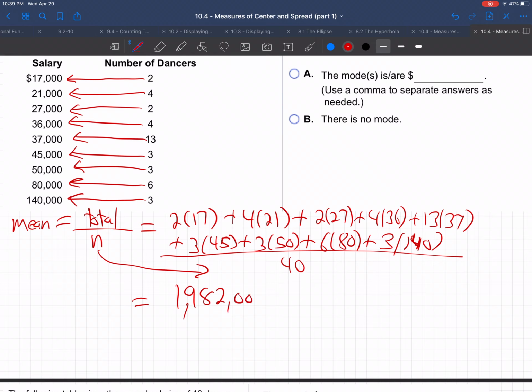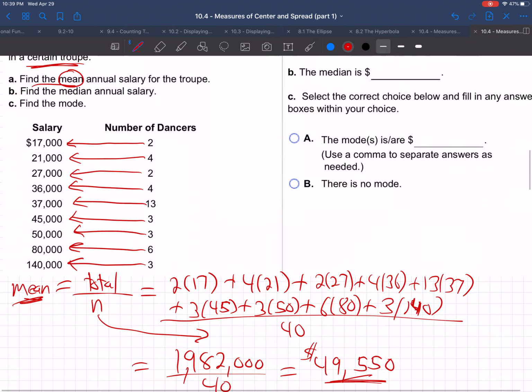Now, this is 1,000. I'll throw the zeros back on now. Divided by 40. I'm getting 49,550. That is the average salary, the mean salary, which is a kind of average, the average we're used to, the average salary among the dancers in that troupe.